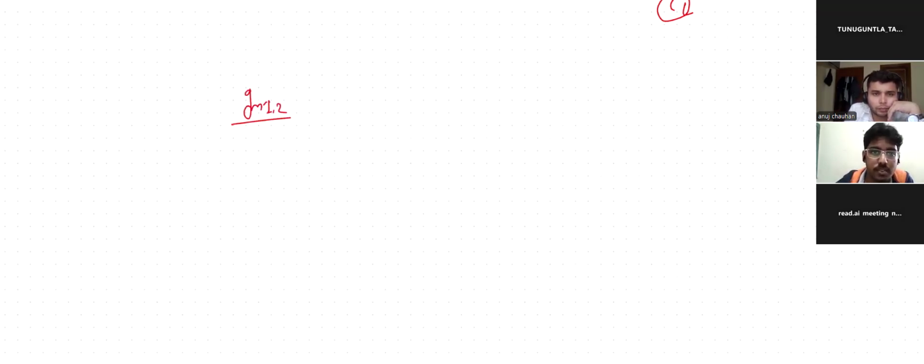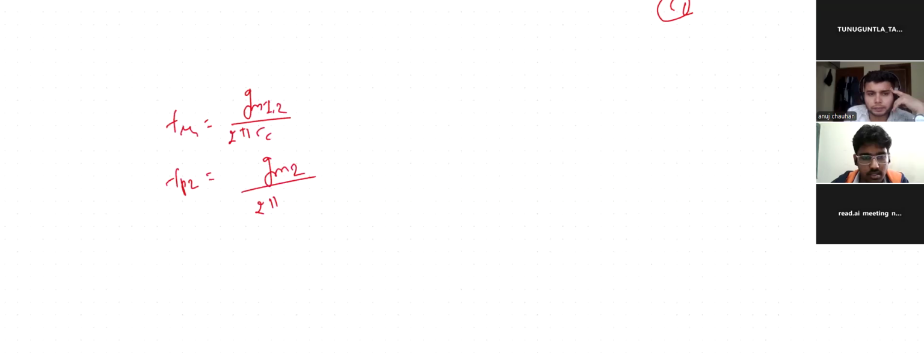So FUGB is GM1,2 by 2 pi CC. The second pole comes as GM of the second stage by 2 pi CL. The first pole comes as 1 upon R naught 1, GM2, R naught 2, CC, by 2 pi.